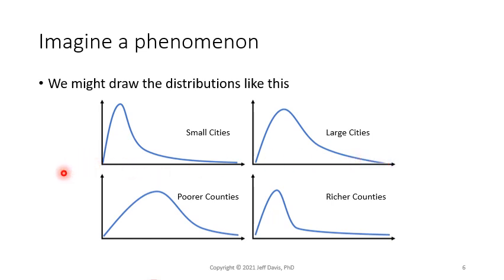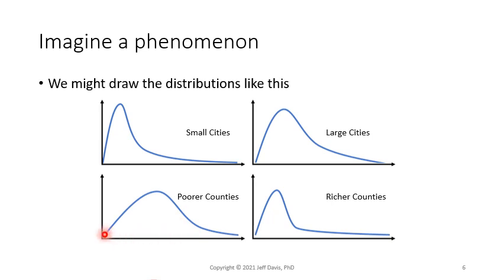Okay? And then the same thing here for poorer counties. All right, and you don't have to use counties. You don't have to use cities. You could use schools or school districts or whatever unit of analysis you choose. Okay, but among poorer counties, we typically think of crime as being much more of a problem, right?